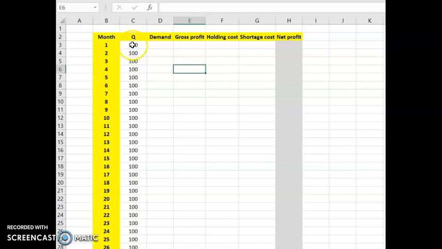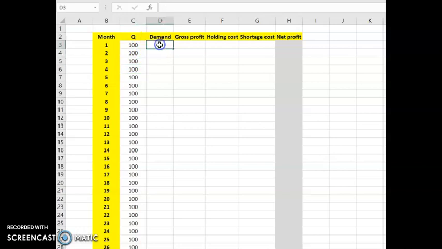For example, you can define Q in some other cell and get these cells' values from that cell. I don't want to make it that sophisticated. All of them are very easy. I just mean that the focus here is on the simulation model. But if you like to make your model fancier, more sophisticated, feel comfortable to do any of those things. I'm just doing it as simple as possible.